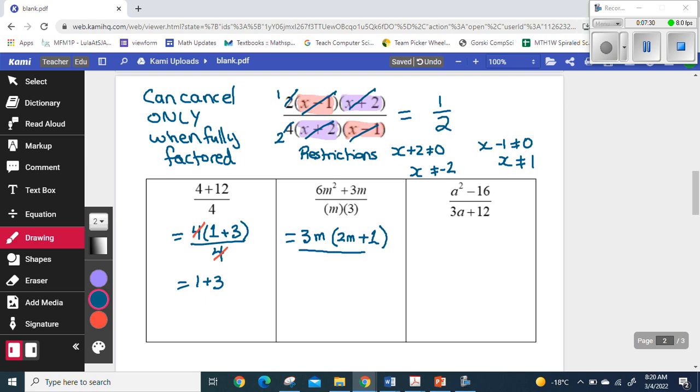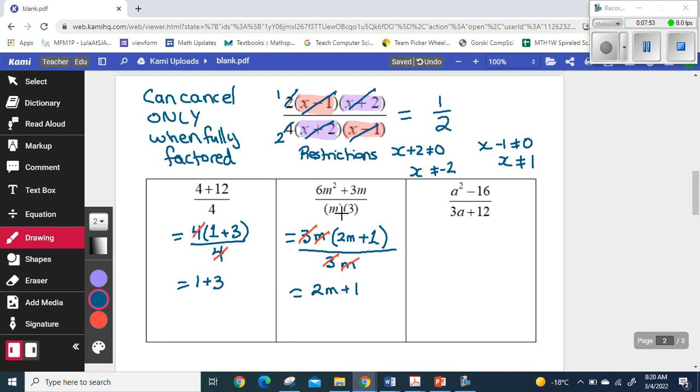Close off my bracket. Denominator, I'm just going to change the order so it looks the same as up top. Now that I'm fully factored, now I can cancel 3 with the 3, m with the m, nothing else cancels. That whole bracket travels together, 2m plus 1.